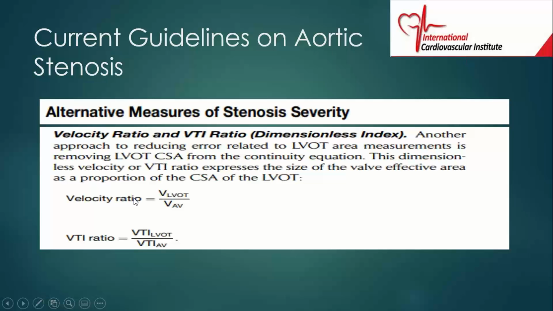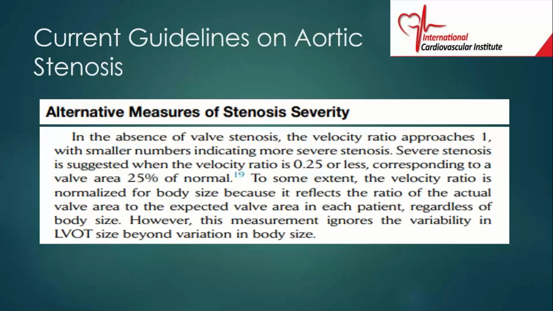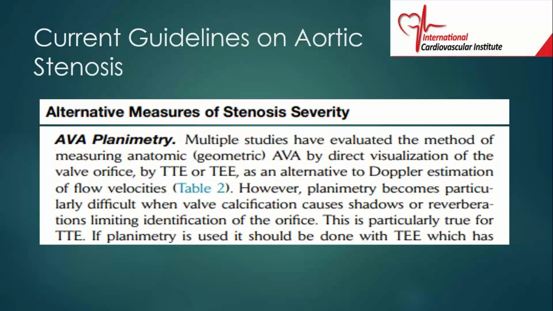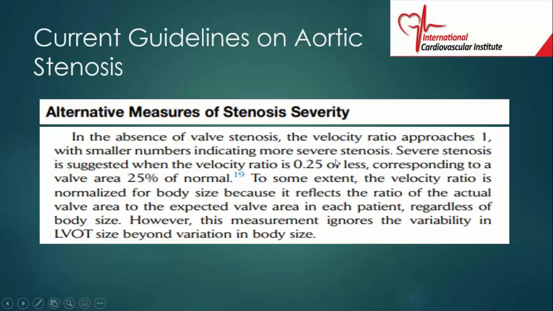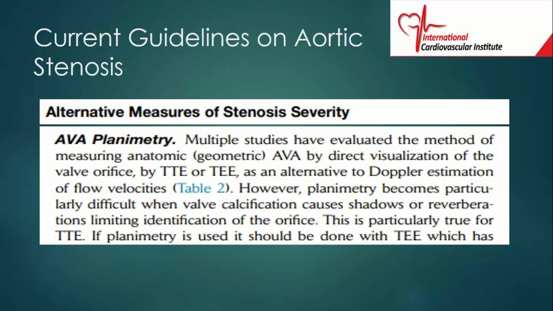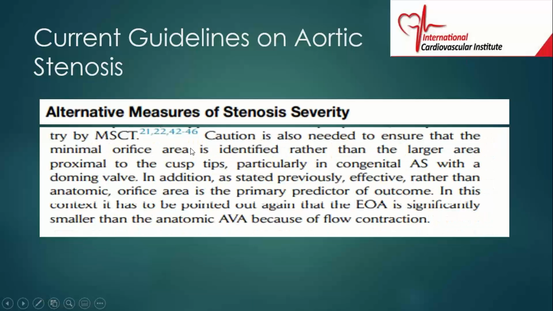And we talk about the velocity ratio. So for severe AS, the dimensionless index, that is the LVOT VTI divided by the aortic valve VTI, if it's less than 0.25, suggests severe. Again, planimetry measures the anatomic area, and what we usually talk about is not the anatomic area.